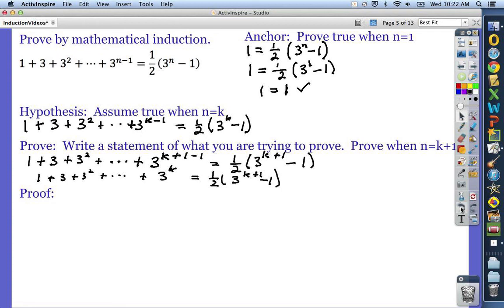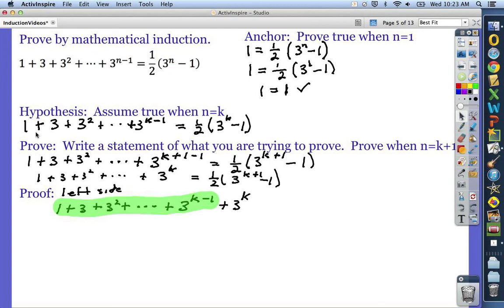To do the proof, let's start with the left-hand side of our proof statement. Now keep in mind that 1 plus 3 squared dot dot dot all the way up to 3 to the k, in here, there's actually an expression 3 to the k minus 1. So when I write the left-hand side of this prove statement, it really includes the entire inductive proof, which I have highlighted here, all the way up to 3 to the k.